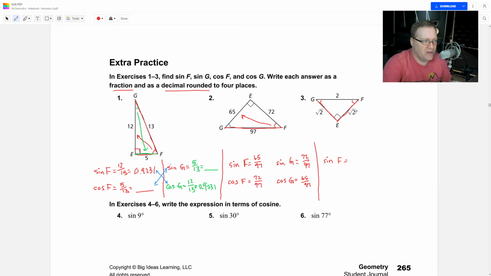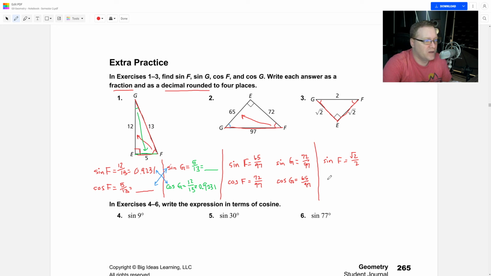But what is the sine going to be? Well, remember, sine is opposite over hypotenuse. So the square root of 2 is the opposite, and 2 is the hypotenuse. So it's square root of 2 over 2.